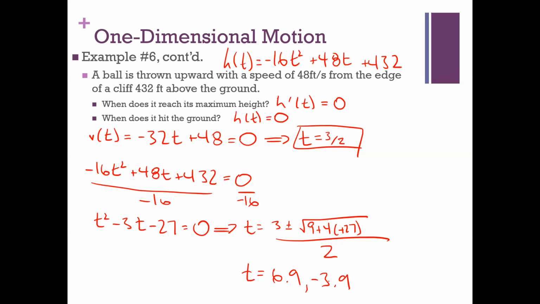How come the second one doesn't matter? You can't have negative seconds. Right, I only started measuring something that makes sense for this function for non-negative values of time. So t equals 0 and greater. How we doing? Okay.